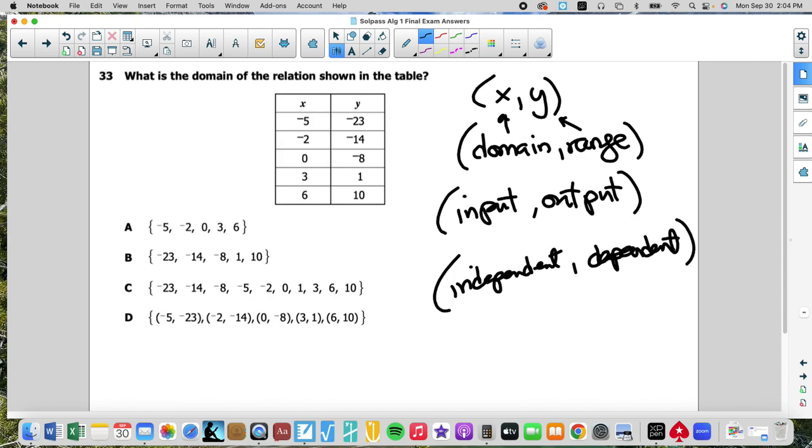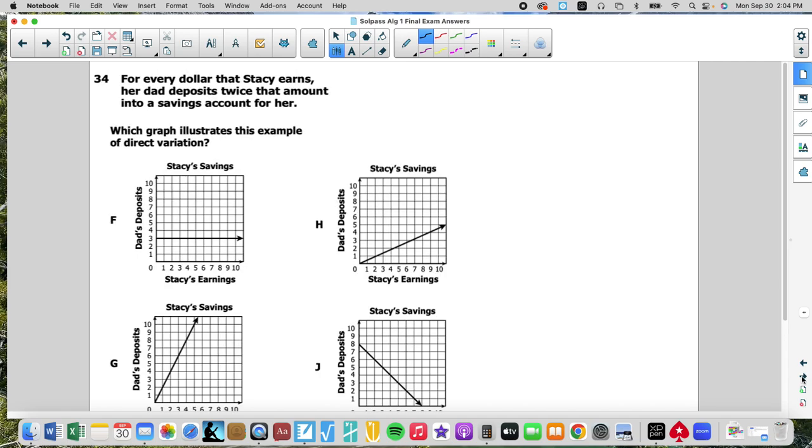These are all x, y things. So what is the domain of the relationship shown? We want to know what all the x values are. So my domain are -5, 2, 0, 3, and 6. That would be A. So number 33 would be a nice, simple A.